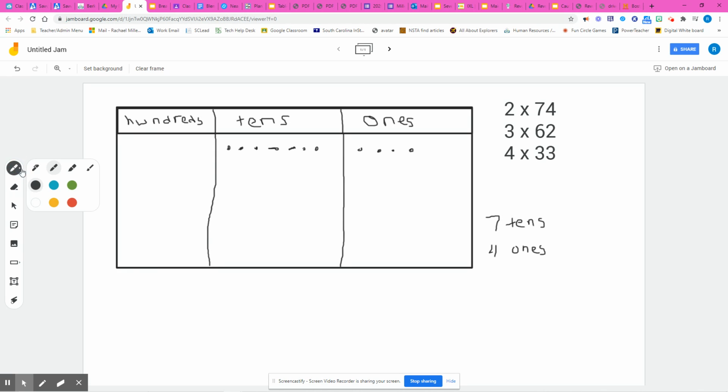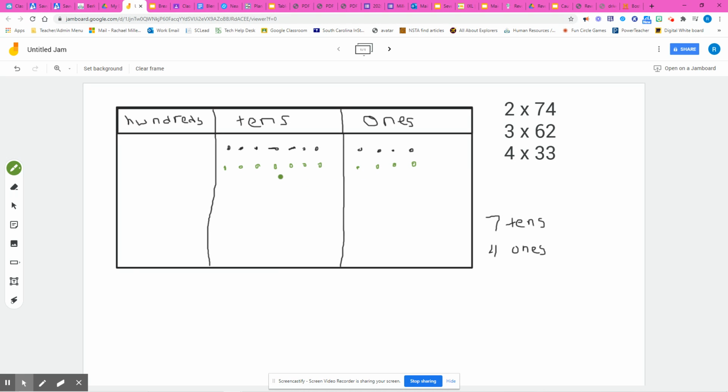So I'm going to draw my second group of 7 and 4s. 1, 2, 3, 4, 5, 6, 7, and 1, 2, 3, 4. Now we've just multiplied our 74 by 2 because we have two groups of 74.